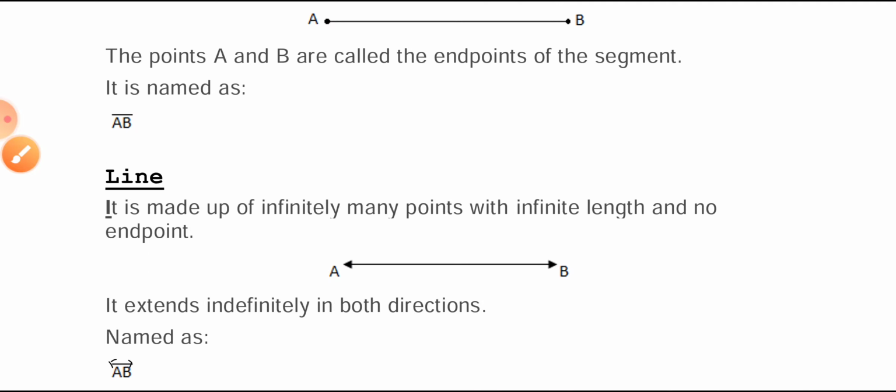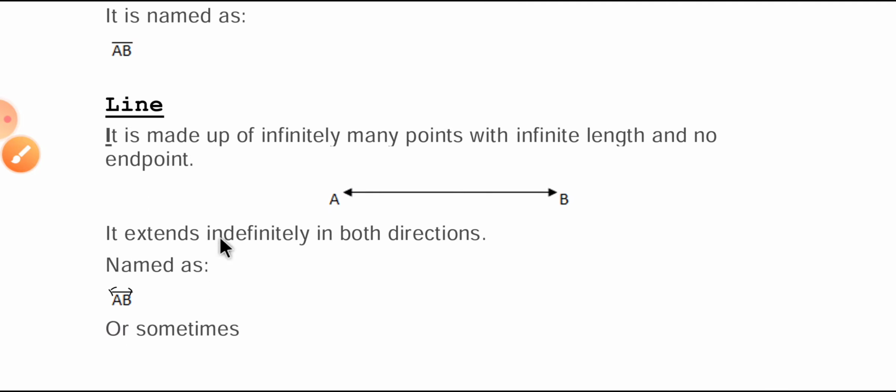Then line. What is a line? A line is made up of infinitely many points with infinite length and no endpoints. It means it does not have any endpoint. It extends indefinitely in both directions, meaning it is not fixed.